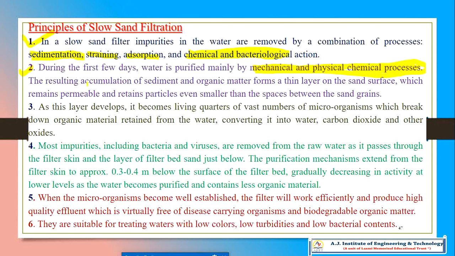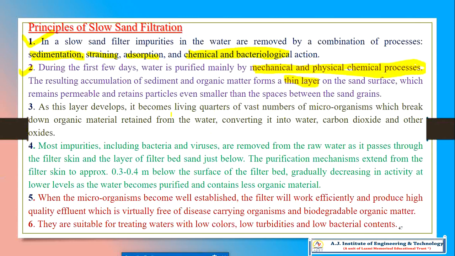But the resulting accumulation of sediment and organic matter forms a thin, jelly-like layer on the sand surface, which remains permeable. That is called the schmutzdecke. Remember, the schmutzdecke retains particles even smaller than the space between the sand grains.